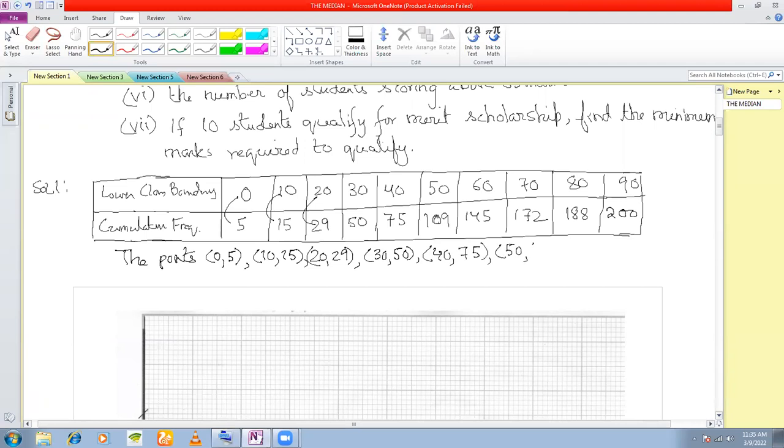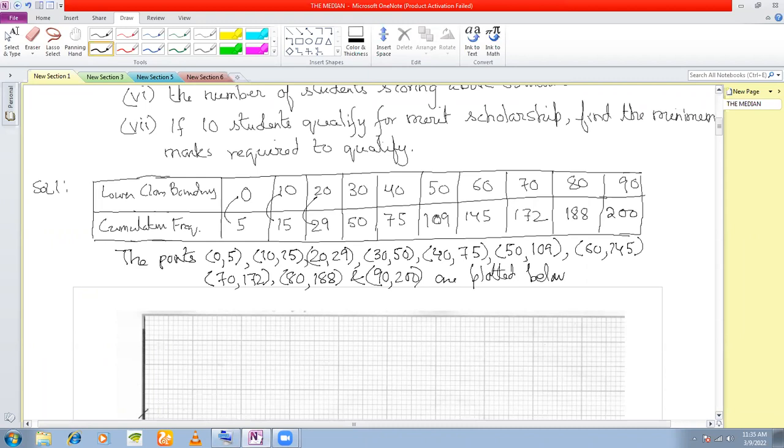Next 50, 109. Next 60, 145. Next 70, 172. Next 80, 188. And 90, 200 are plotted below. I will show you the plottings in the next class.